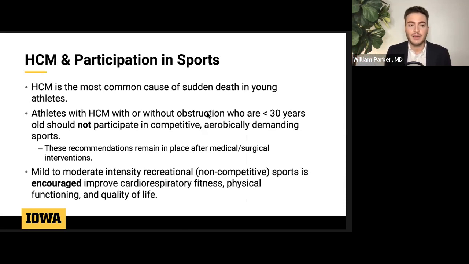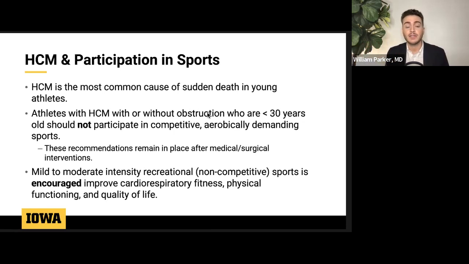The recommendation is that athletes with hypertrophic cardiomyopathy, with or without obstruction, who are less than 30 years old should not participate in competitive, high intensity or medium intensity sports. And interestingly, these recommendations remain in place whether you undergo surgical myectomy or not. I guess the thought is if it hypertrophied once, probably not helped by the exercise, it may do it again.